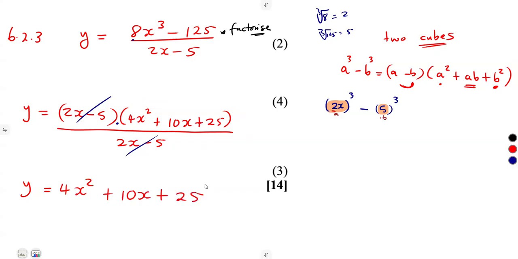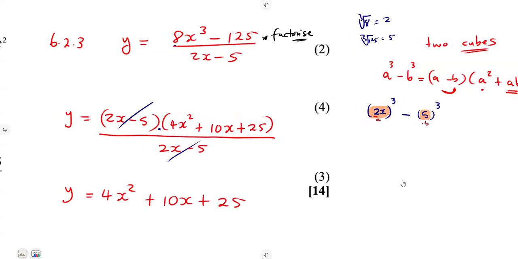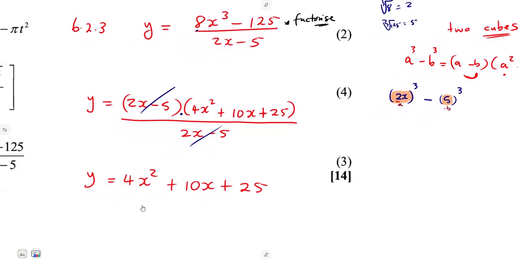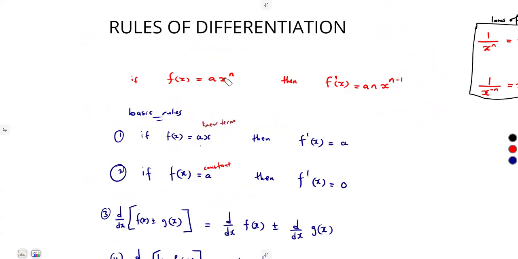Now that we have got a basic form of our derivative that we are used to, we can differentiate. There's nothing more that we can simplify from this. So therefore, we can find our dy dx, the derivative of y with respect to x. We have exactly what we need.